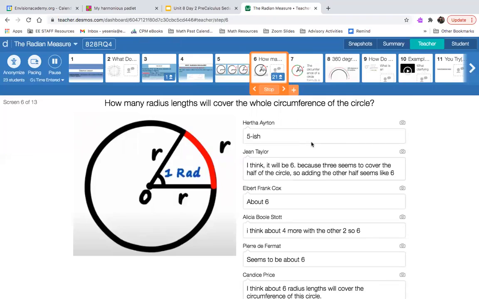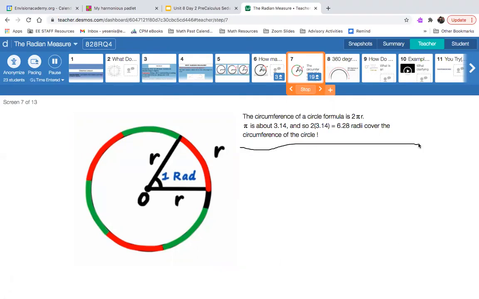How much was it? Wait, let's see what's in the chat. Awesome. I'm going to just go ahead and re-explain it right at the bottom. So we know that the circumference of a circle formula, as I showed you in the beginning, is 2 pi r. But remember, our r is basically our radian. So let me just go ahead and type radian.